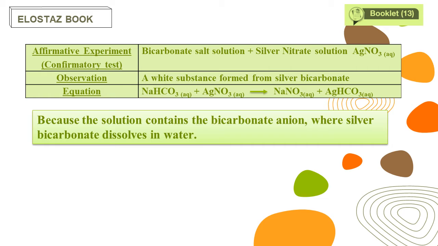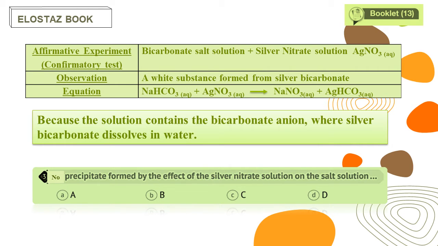If we had a precipitate formed here, we would have a carbonate salt, but we have an aqueous solution that doesn't make a precipitate, since silver bicarbonate dissolves in water. So we have a bicarbonate solution with negative sign. Okay, so for our question, the right answer will be letter B. This is question 3.